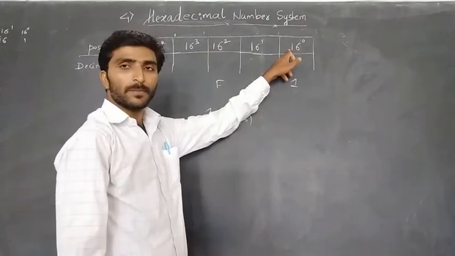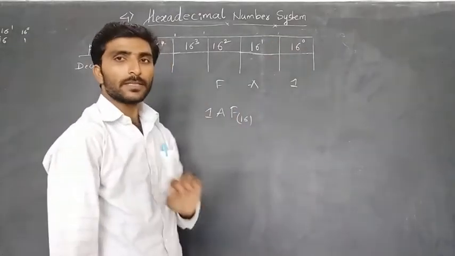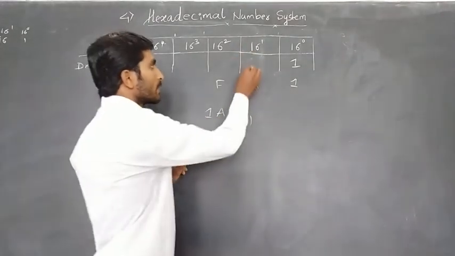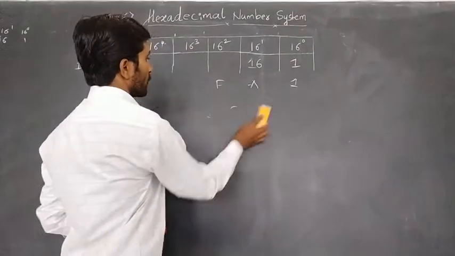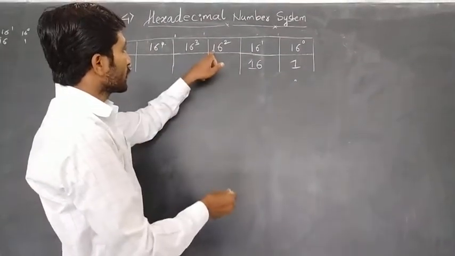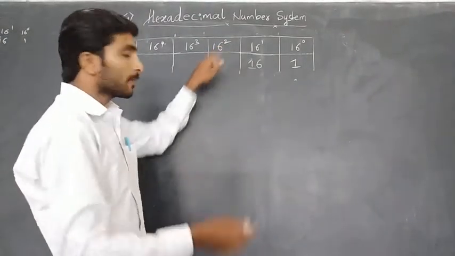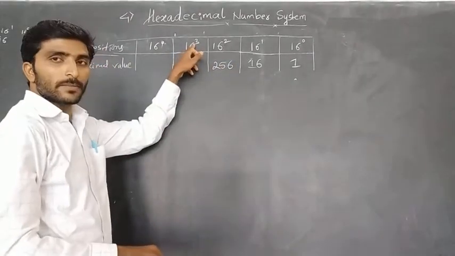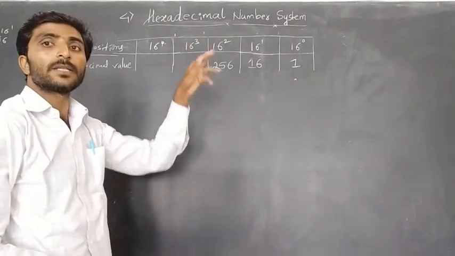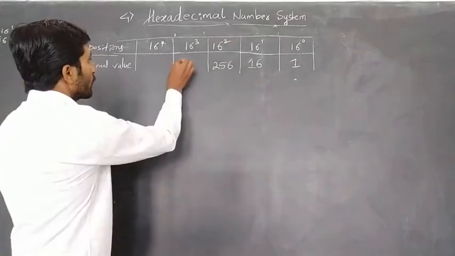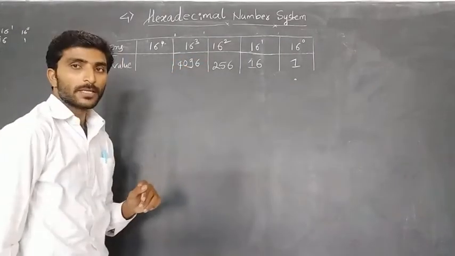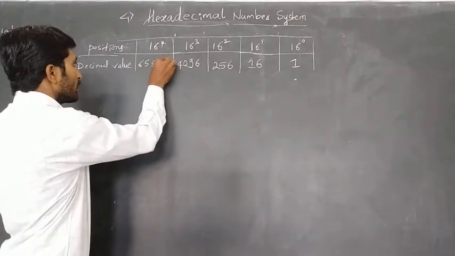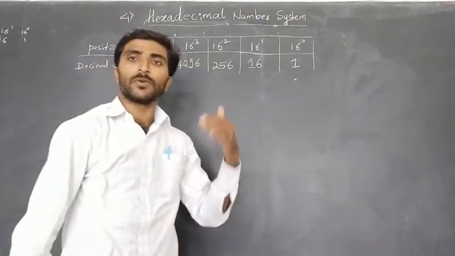It is the power of the base. 16 to the 0 is obviously 1. 16 to the 1 is 16. 16 raised to 2 means 16 into 16, that means 256. 16 raised to 3 means 16 into 16 into 16, that is 4096. Then 16 raised to 4 is 65,536.